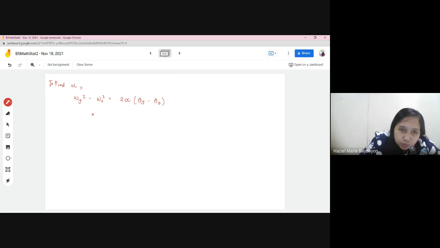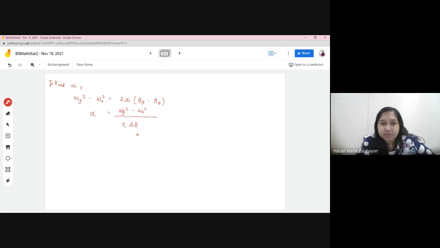So manipulating this such that alpha will be isolated, we have alpha is equal to omega final squared minus omega initial squared divided by 2 multiplied by theta final minus theta initial, or we can just write delta theta since the change in the angular displacement is given. And then we just have to substitute all the given.